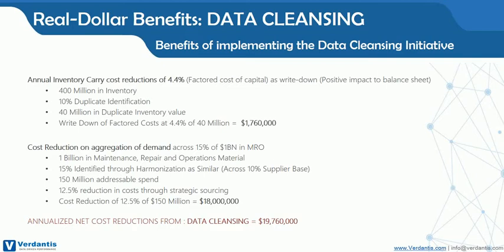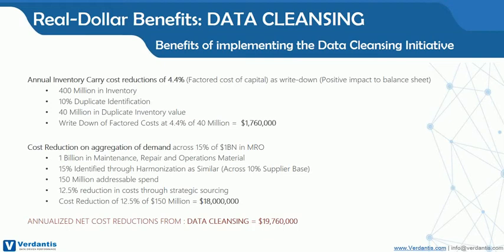Now, additionally, because we do see a 15% SKU reduction, and we are able to leverage an aggregation of demand of 15% across the 1 billion in MRO, that adds 150 million additional dollars to the current addressable spend by the procurement and purchasing teams at this company.